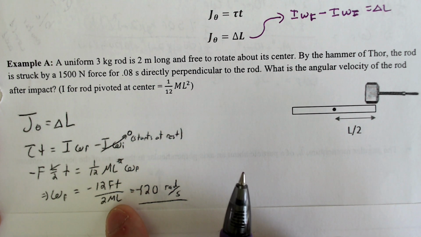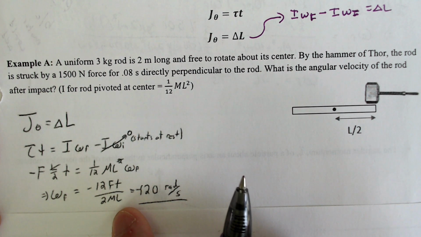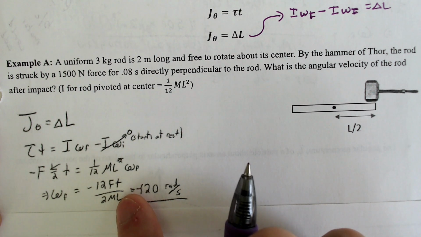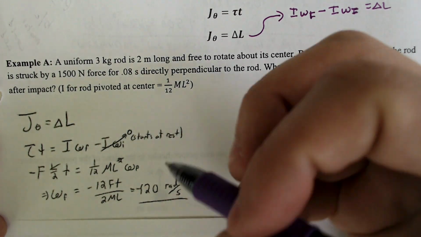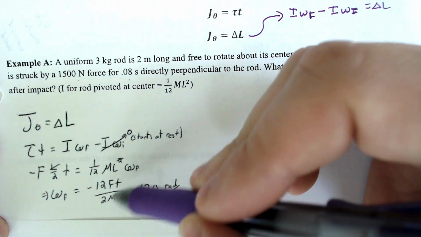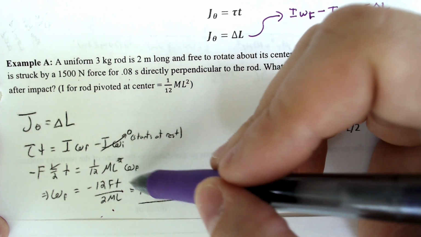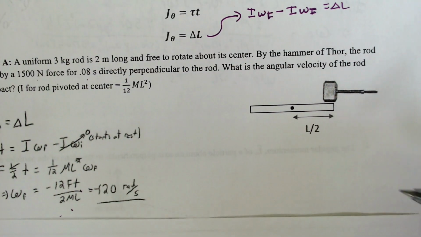We divided by mass and by L, that's why they're on the bottom. If we plug in the force, which was 1,500, the 0.08, and the mass, and do all the calculations, you get negative 120 radians per second, which is why it is going downward.